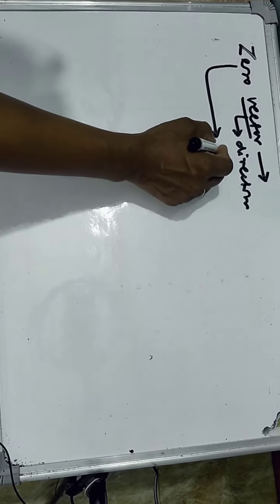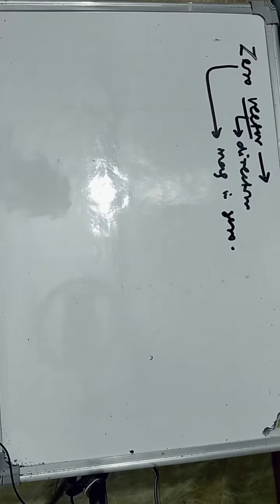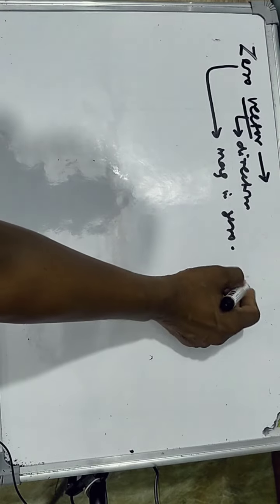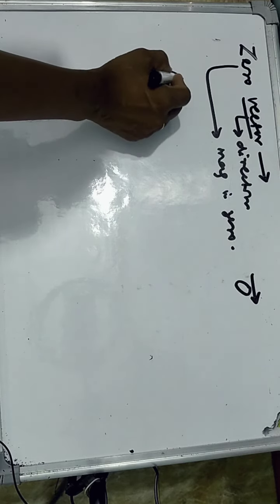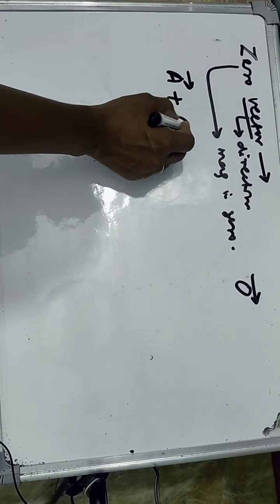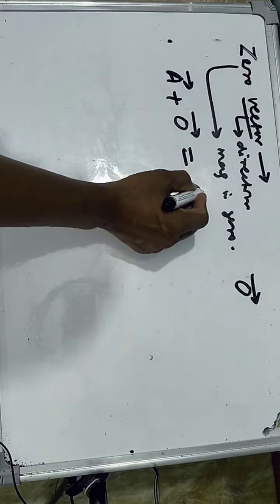Zero indicates magnitude is 0, and it will be represented as 0 with an arrow overhead. Now a property of zero vector is, if one vector is added with zero vector, the resultant will be the same vector.